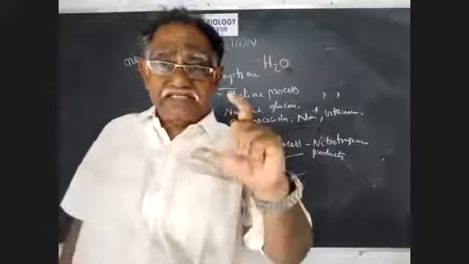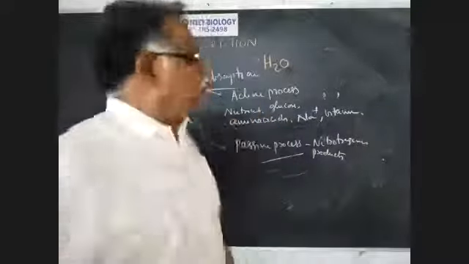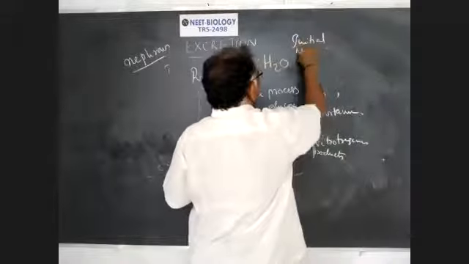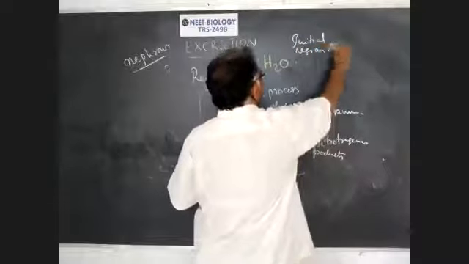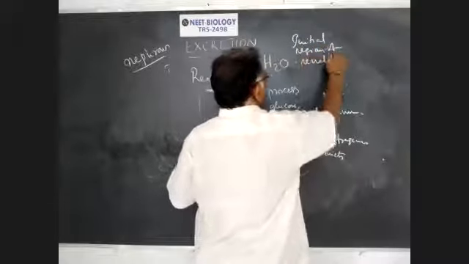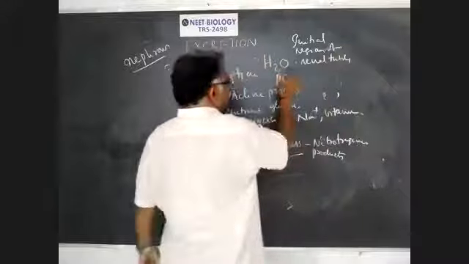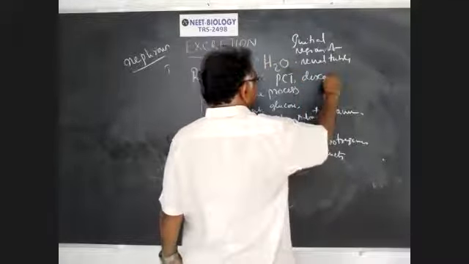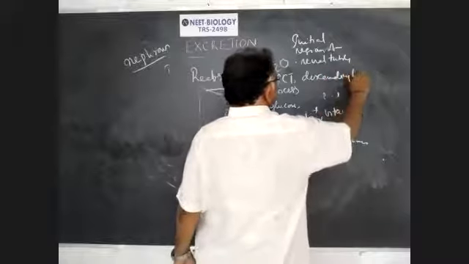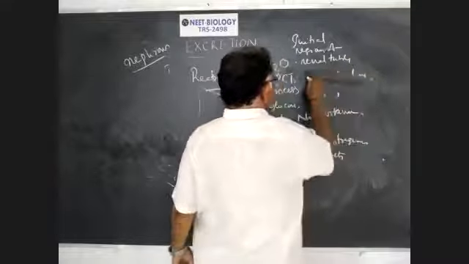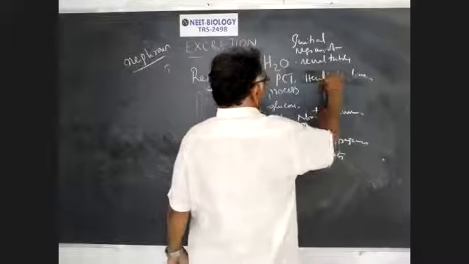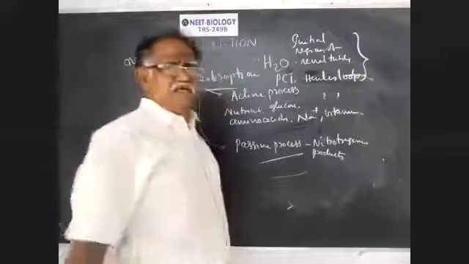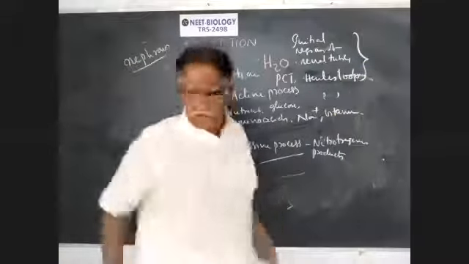In the initial regions of the renal tubule, what are those? Proximal convoluted tubule and descending limb of Henle's loop. Here, water is reabsorbed by passive process.